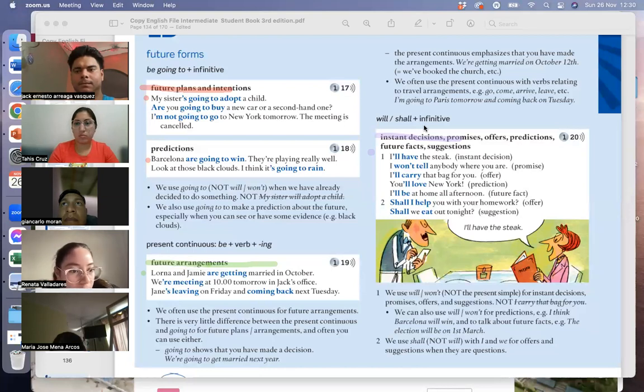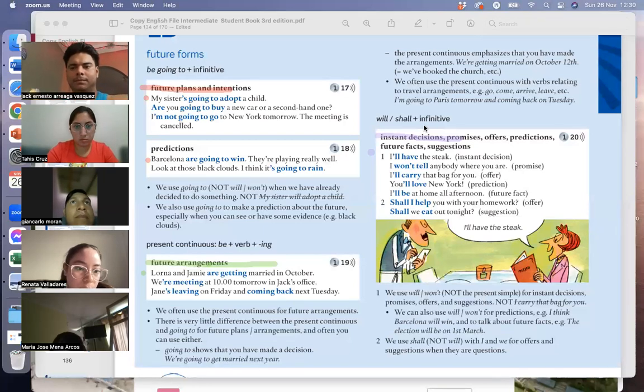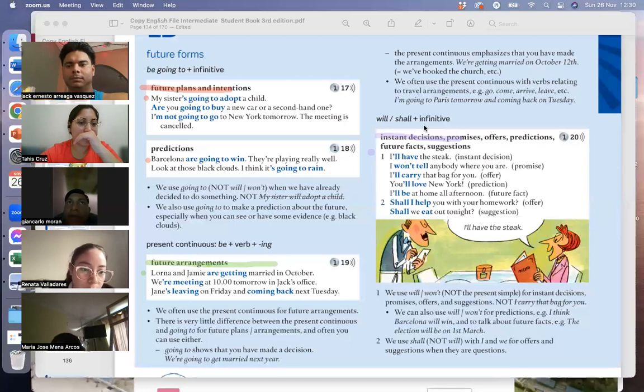Suggestions. I will have the steak, instant decision. I will carry that bag for you after, an offer. You will love New York. Predictions. I will be at home all afternoon.